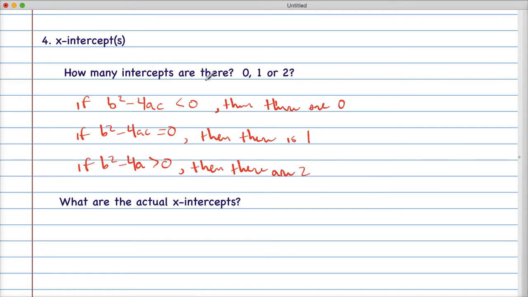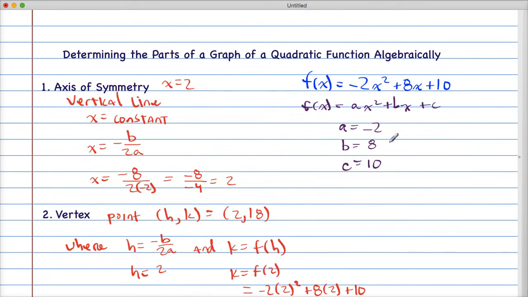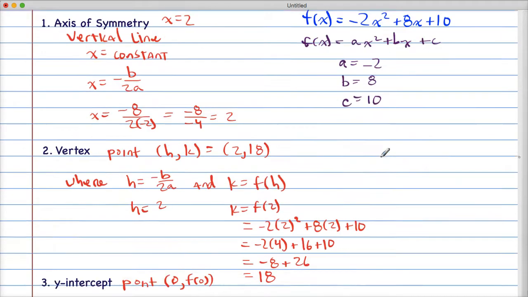Okay, so how many intercepts are there? Determine the value of b squared minus 4ac. So in our case, b is 8, a is -2, and c is 10.